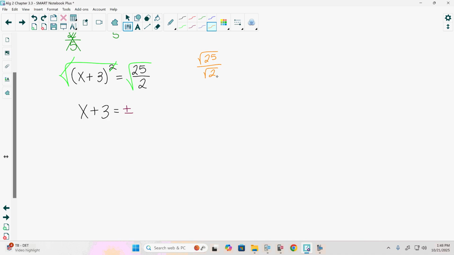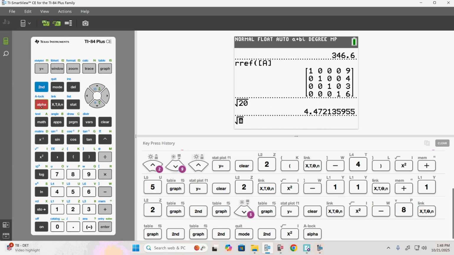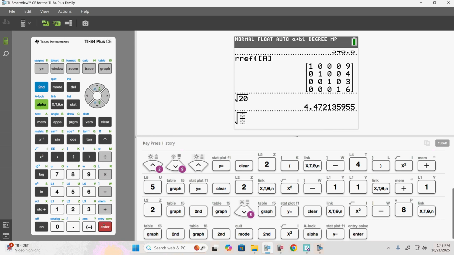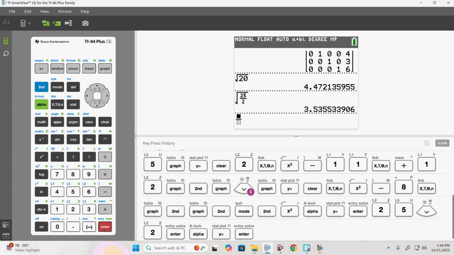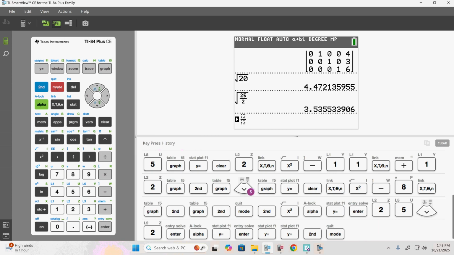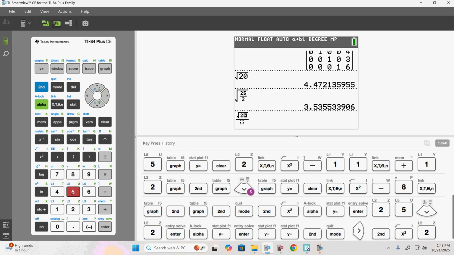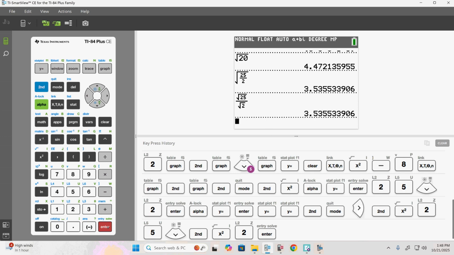No matter how we type this into the graphing calculator, if we type it in as the square root of 25/2, it will give us a decimal. If we break it up into the square root of 25 over the square root of 2, it will still give it to us as a decimal. The graphing calculator will always give us a decimal approximation.